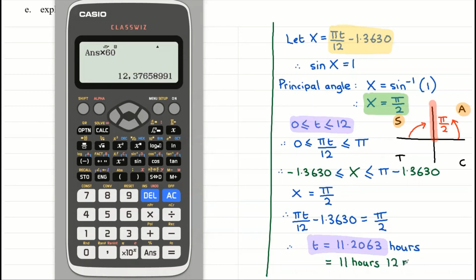And if you have to put this using the 24-hour clock, of course, if you're starting at 12 midnight, which is of course 0, 11 hours, 12 minutes is just going to be the time 11:12 on the 15th of November when this happened. So that's the answer for part C.